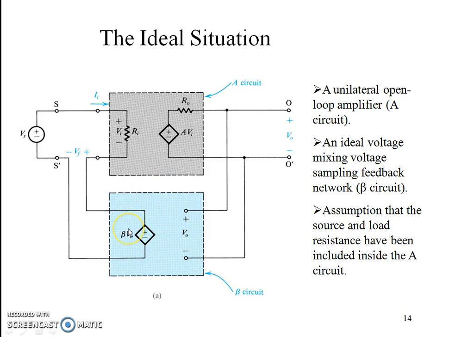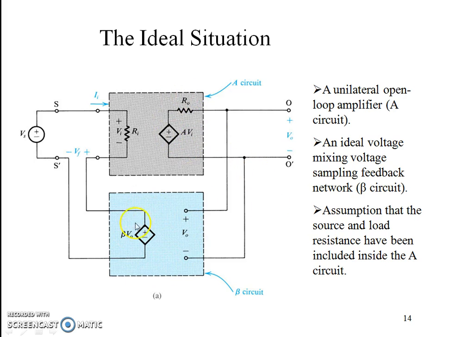The third point is the assumption that the source and the load resistance have been included inside the A circuit. So this is the A circuit, and you are assuming that the source and the load resistance have been included inside it.